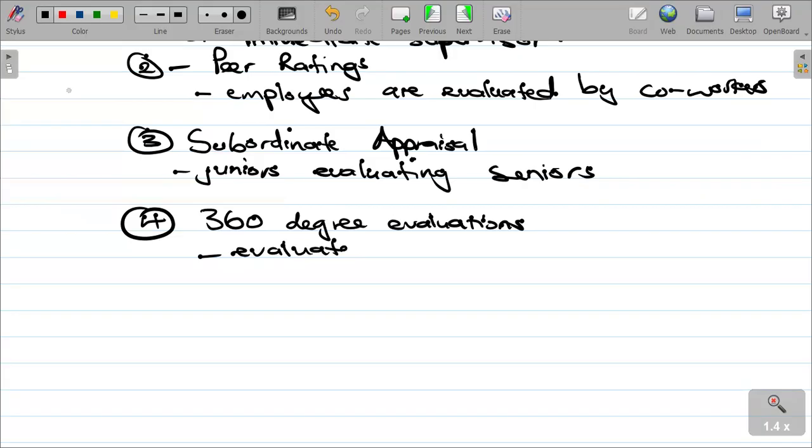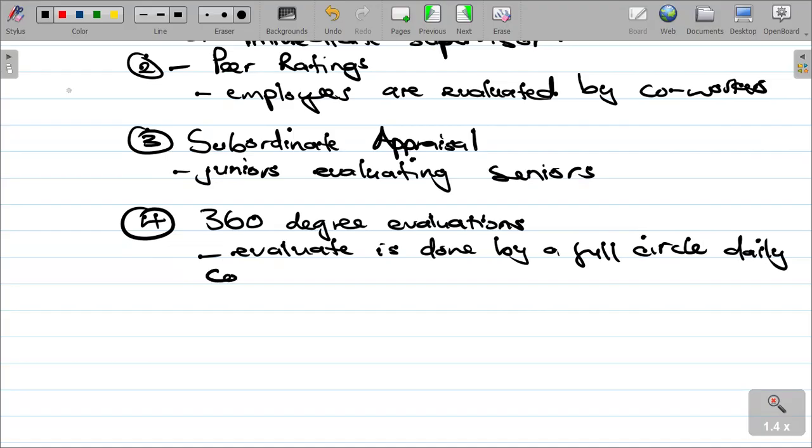Evaluation is done by a full cycle of daily conducts that the employee has.